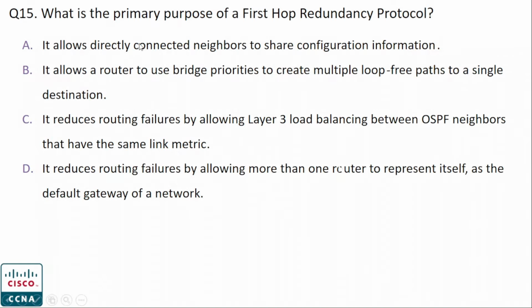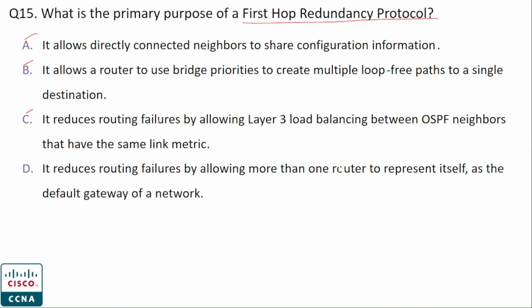Question number 15. What is the primary purpose of first hop redundancy protocol? And the options are: option A, it allows directly connected neighbors to share configuration information. Option B, it allows a router to use bridge priorities to create multiple loop-free paths to a single destination.